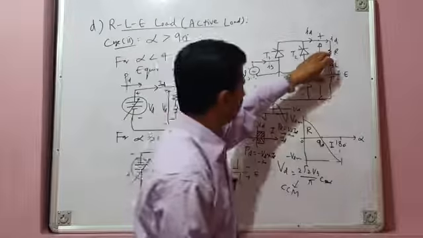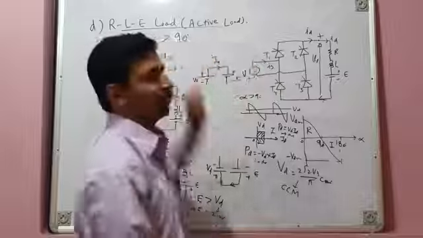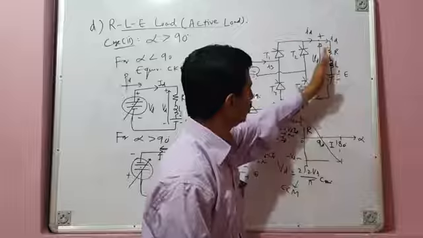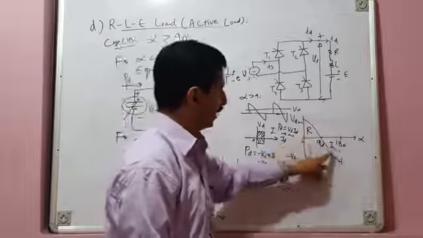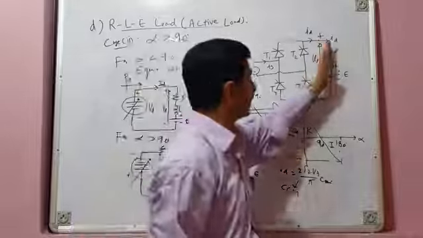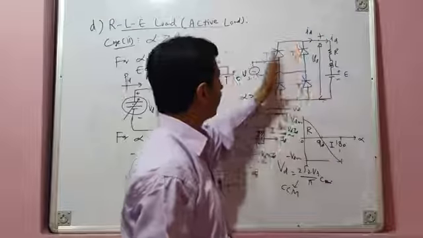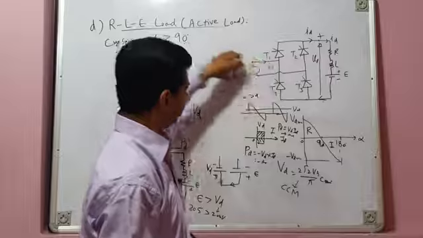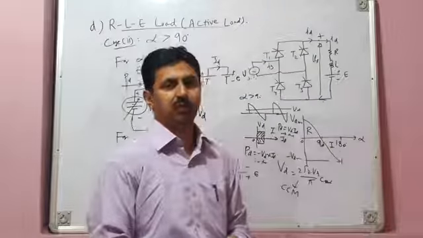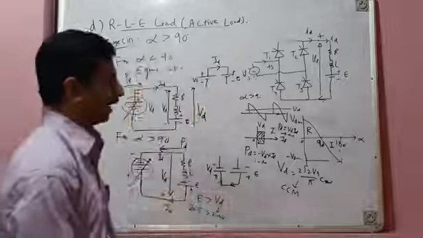Our DC energy gets converted into AC, and it is fed back to the source. So since DC is converted back into AC, energy flows from load to source, and your same converter operates as inverter. Inverter means it converts DC into AC. It takes energy from DC side, converts that into AC, and feeds that back to the source. So your converter is operating in inversion mode of operation. So it is possible only with active load.